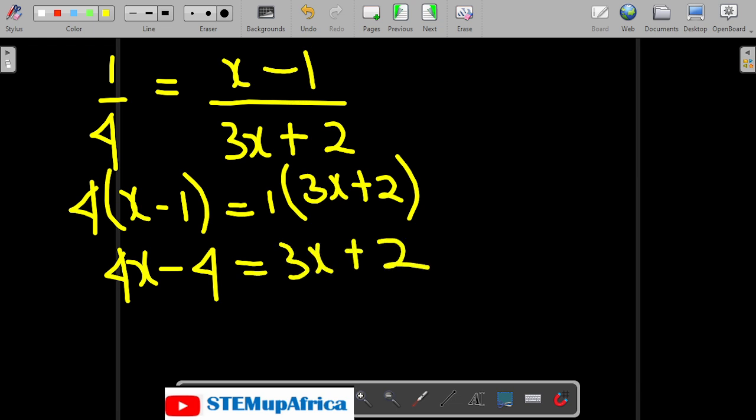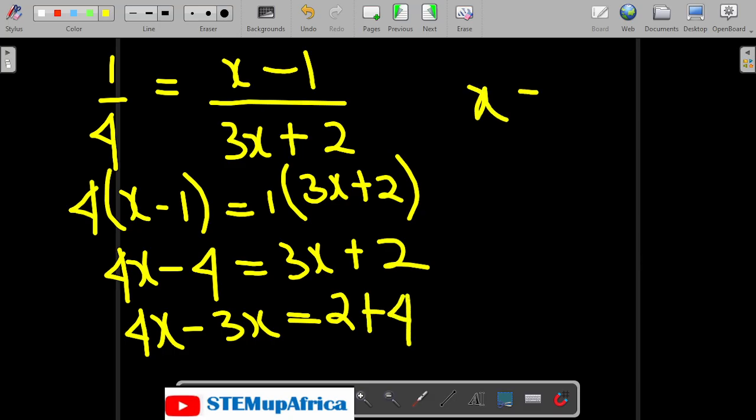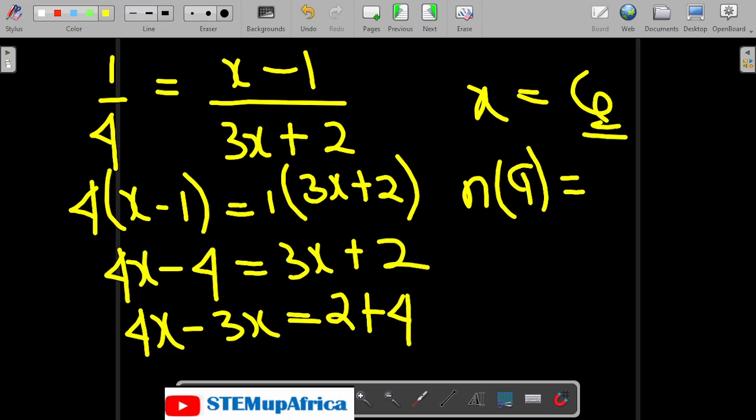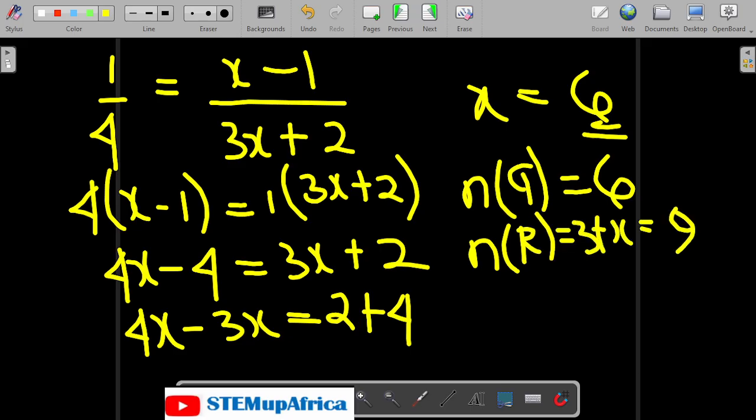So what I can do from here is collect like terms. We have 4x minus 3x equals 2 plus 4. So x gives us 6. Then the number of green balls is 6. The number of red balls was 3 plus x. When x is 6, that gives us 9.